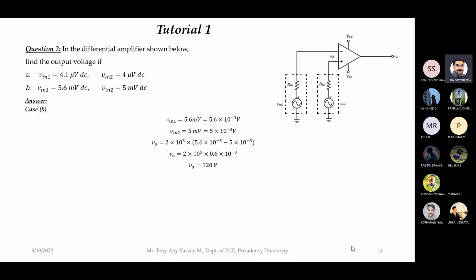But will you get 120? No, sir. So how much? What will happen? Op-amp will go to positive saturation or negative saturation? Positive. So what will be the output?